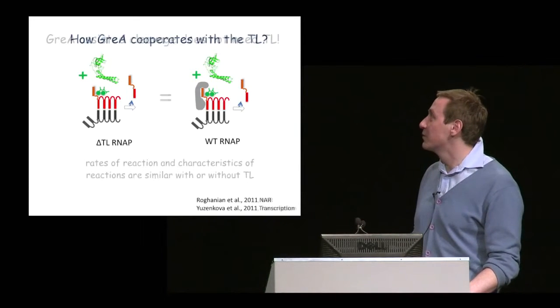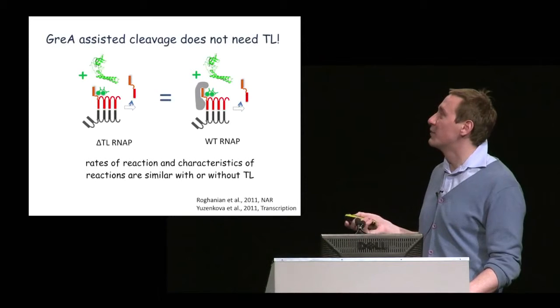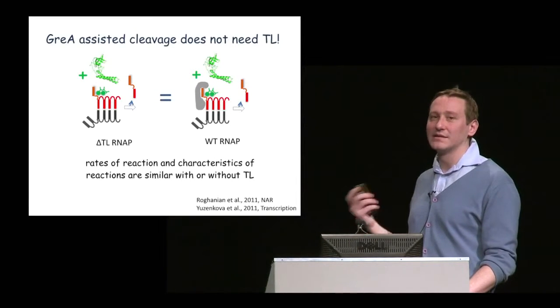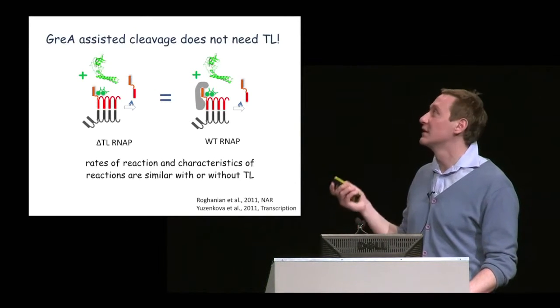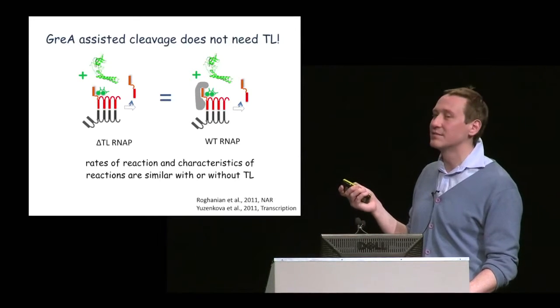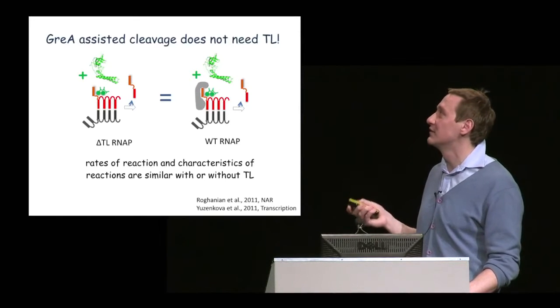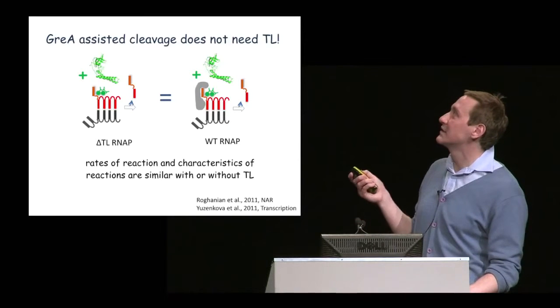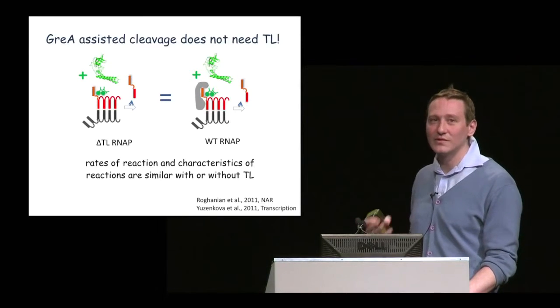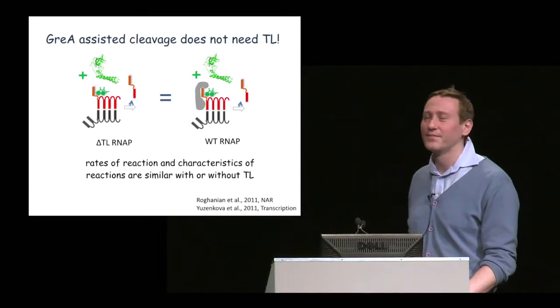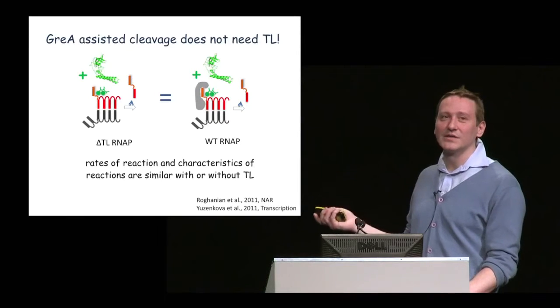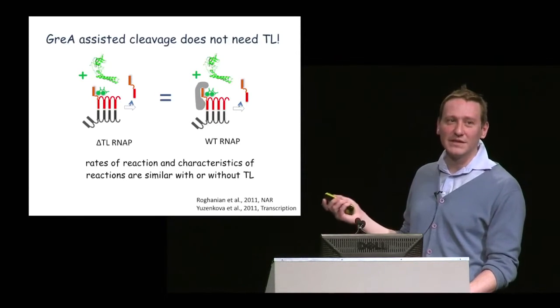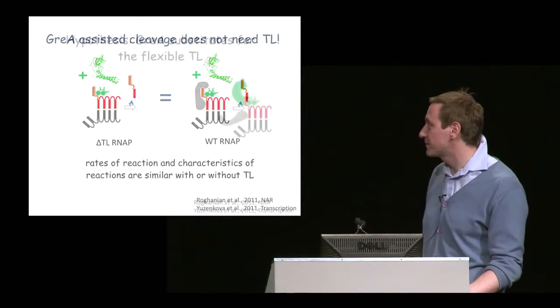And to our great surprise, the rates and properties of the reactions assisted by GreA were almost identical for wild-type enzyme and the mutant enzyme, meaning that GreA-assisted cleavage did not require the trigger loop at all. This was the first reaction we observed for RNA polymerase that doesn't require the trigger loop.